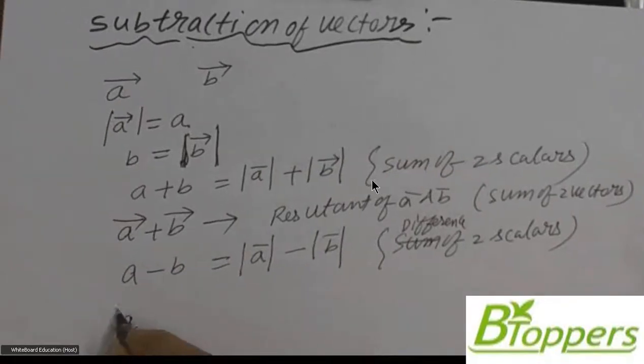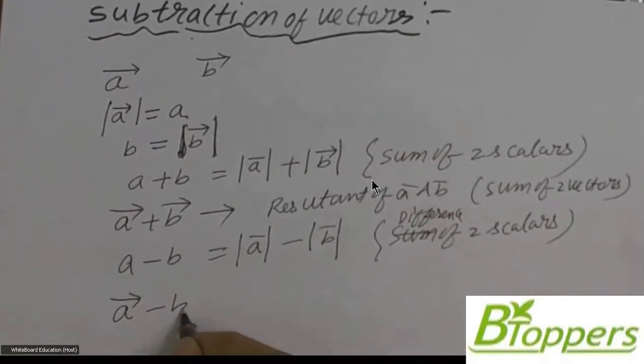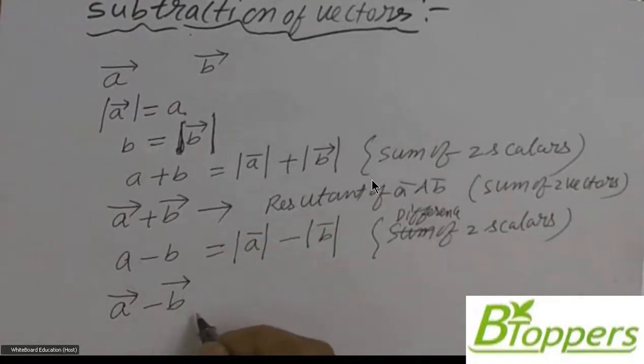But if you write A bar minus B bar, it represents the difference of two vectors. So you must clearly know the distinction between A minus B and A bar minus B bar.